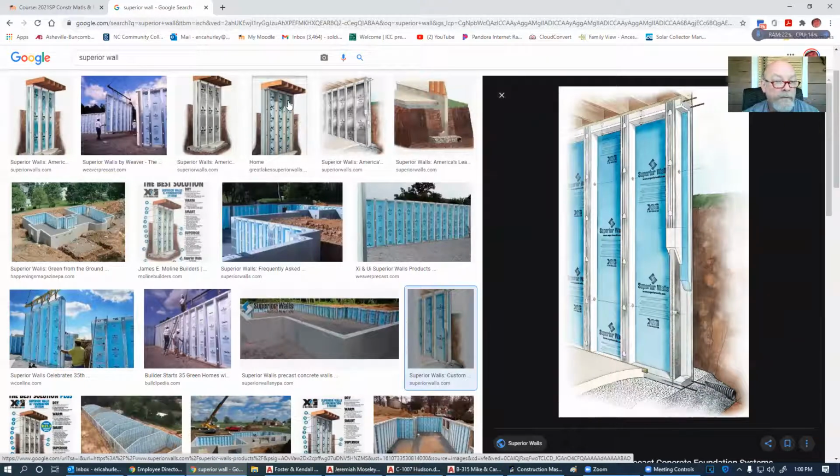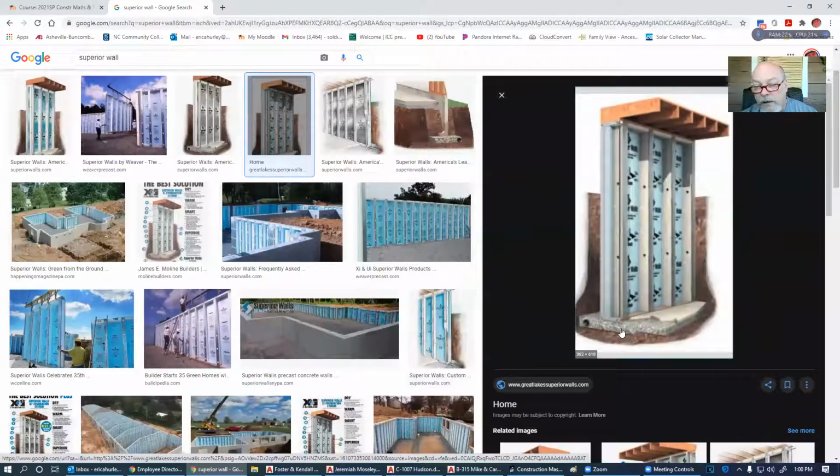But then you've also got to think, if we build a concrete block wall through here, we're going to have masons out here, they're going to have equipment, we've got to have the block, we've got to have the mortar, and then we're going to put in some other reinforcements.